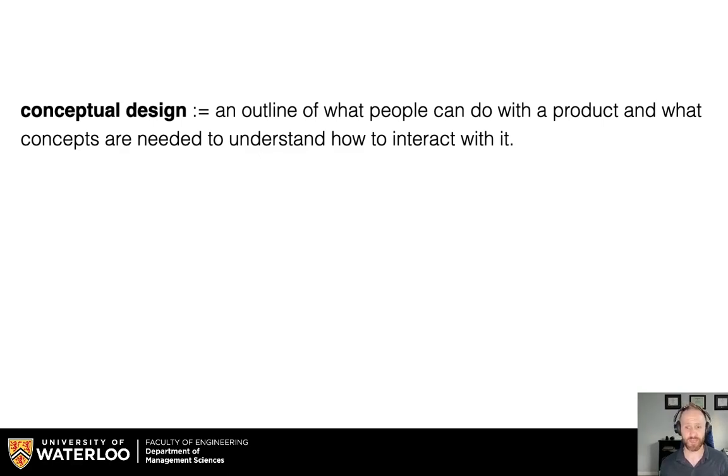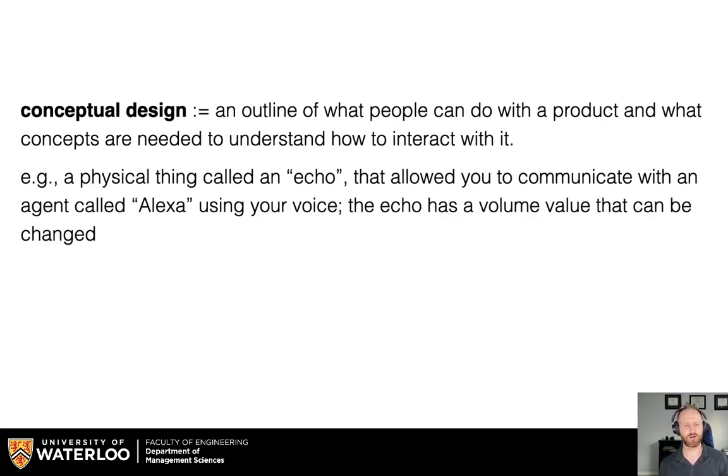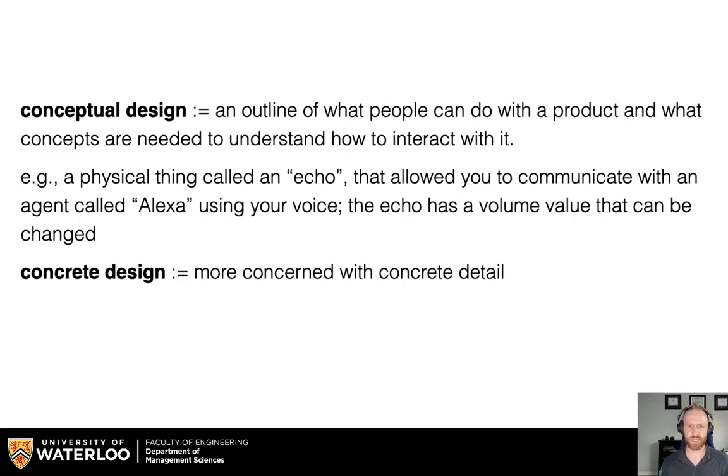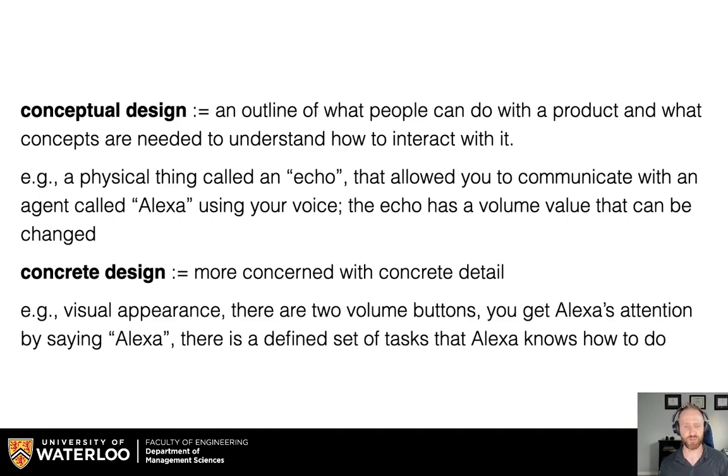So with our example of the Echo, there's a physical thing called an Echo that allows you to communicate with an agent called Alexa using your voice. The Echo has a volume value that can be changed. Whereas the concrete design is more concerned with concrete detail. For example, there is a visual appearance. It's this gray fabric-looking thing around plastic, I think, maybe some metal.